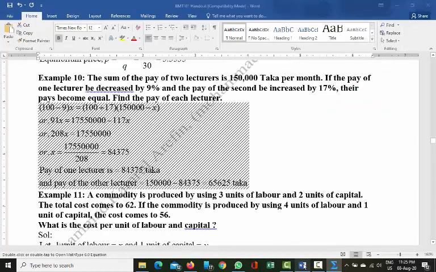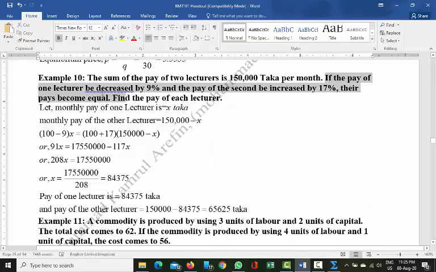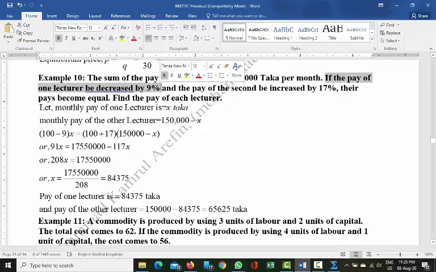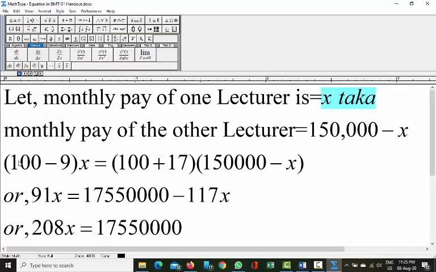Now the question is saying if the pay of one lecturer is decreased by 9%. For example, it is now 100; if you decrease it by 9%, decreased means minus 9, so that is the salary he will get.